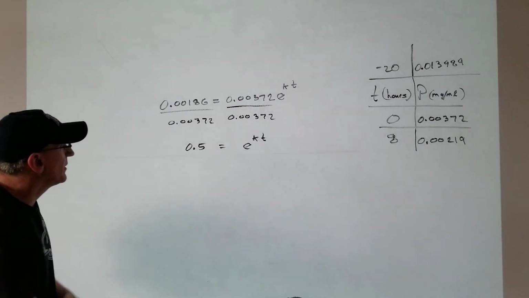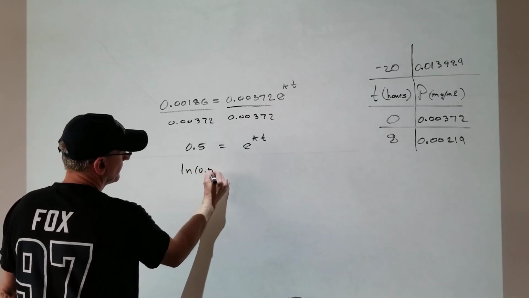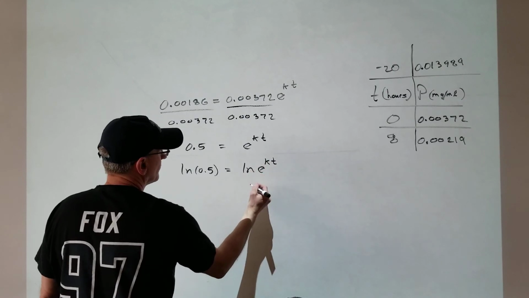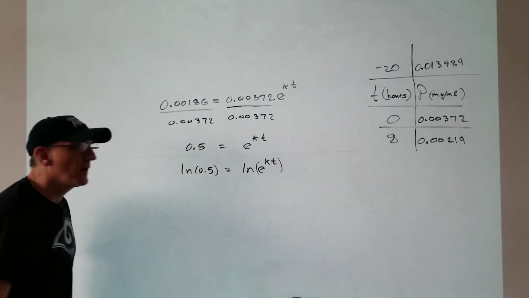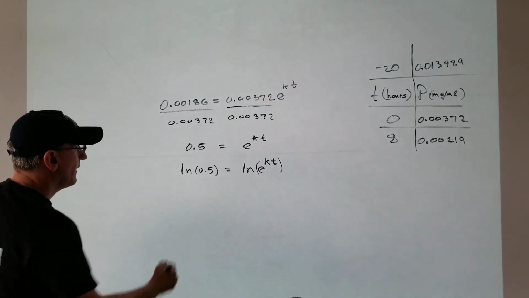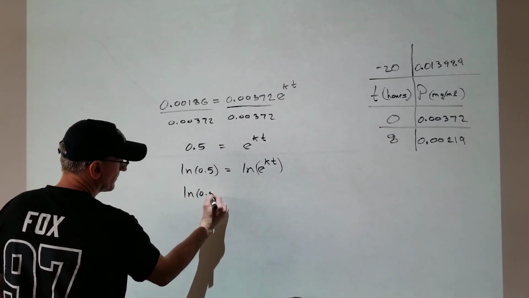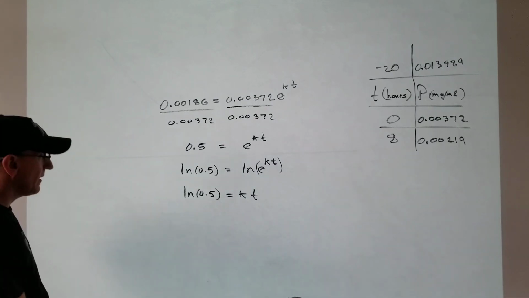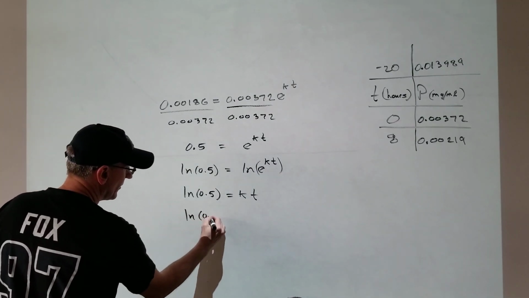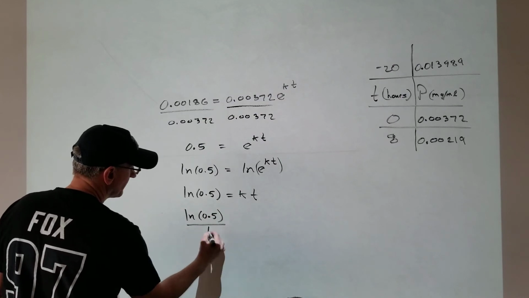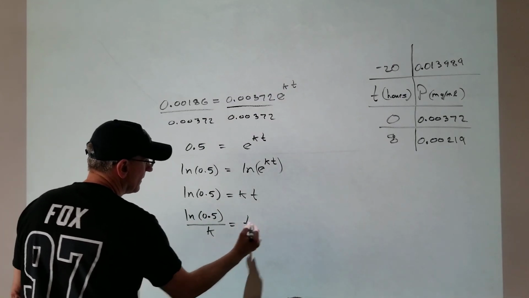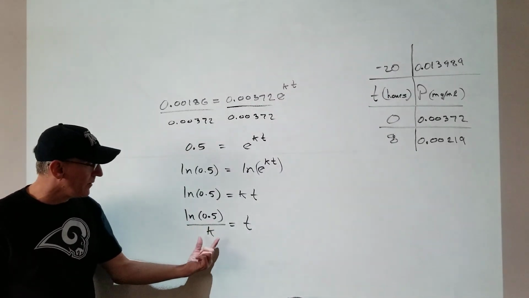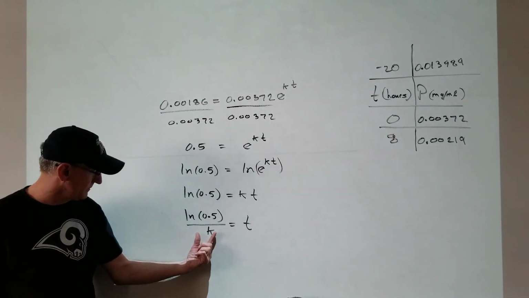Now take the natural log of both sides, in order to cancel the exponential. And now you're down to here. And if you want to know the half-life, divide both sides by k. And if you want to know a shortcut for half-life problems, they always come down to natural log of a half divided by whatever the decay rate is.